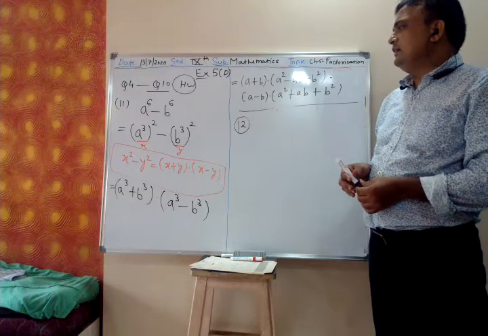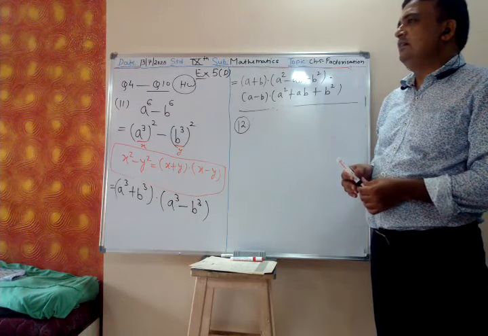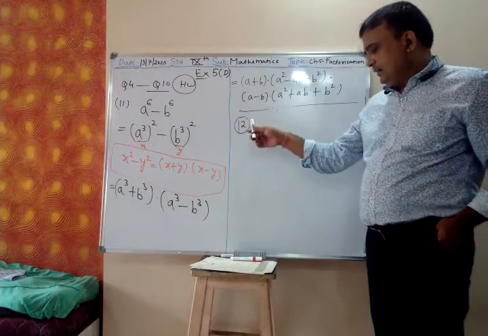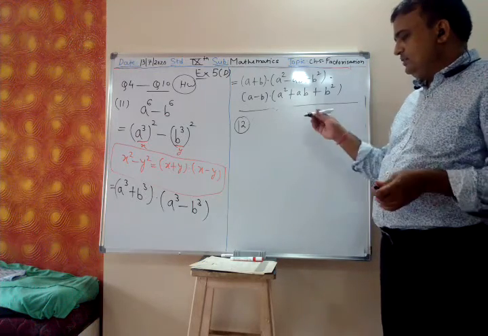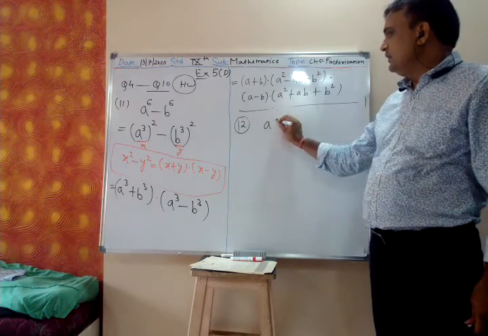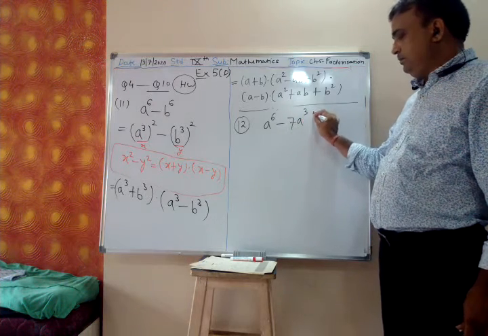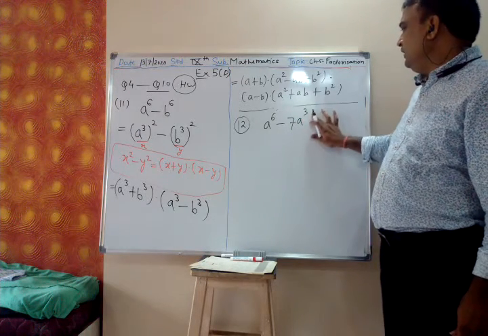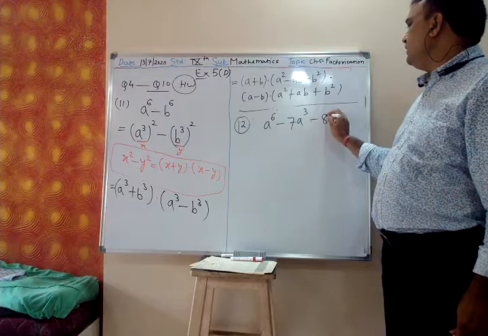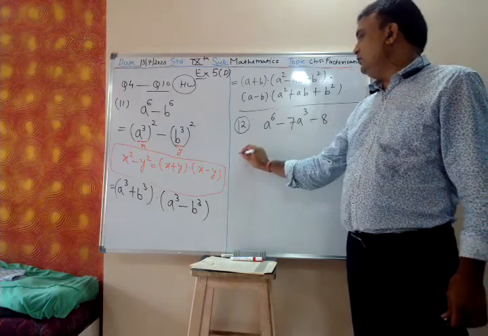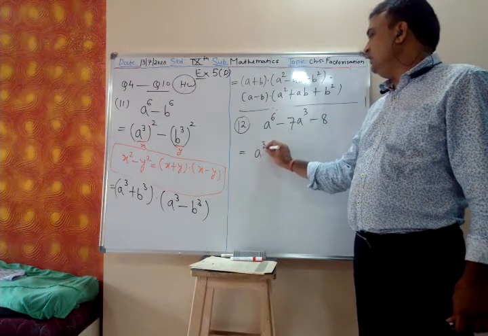This is easier. Okay. Now the 12th, do by this method. A raised to 6 minus 7a cube minus 8. Now A raised to 6 I can write as A raised to 3 raised to 2.